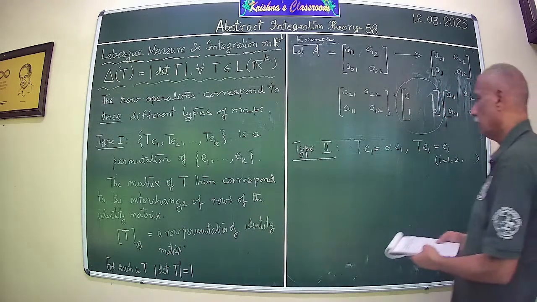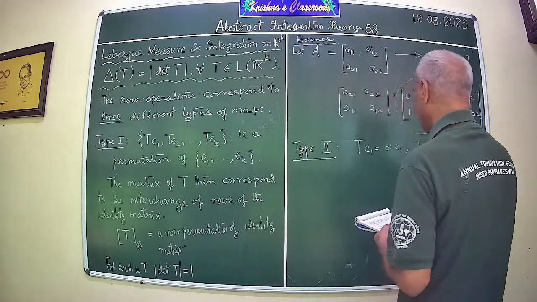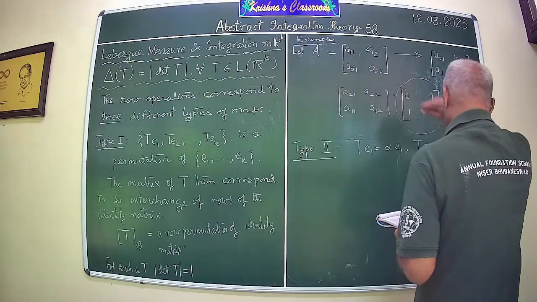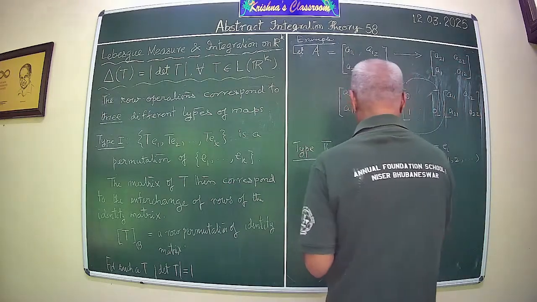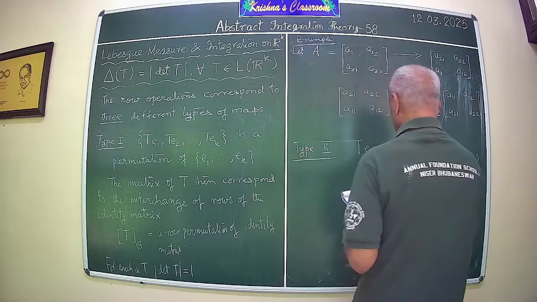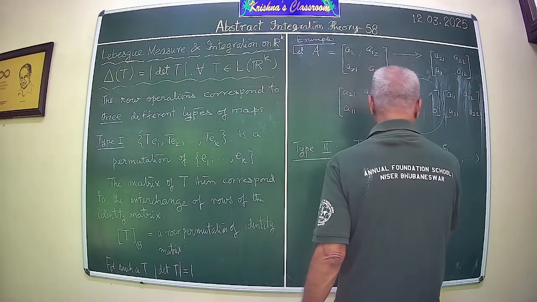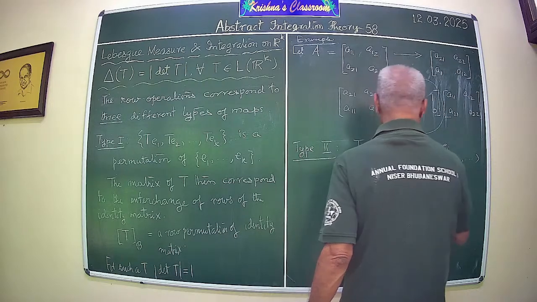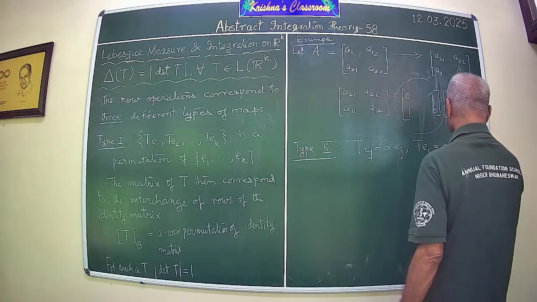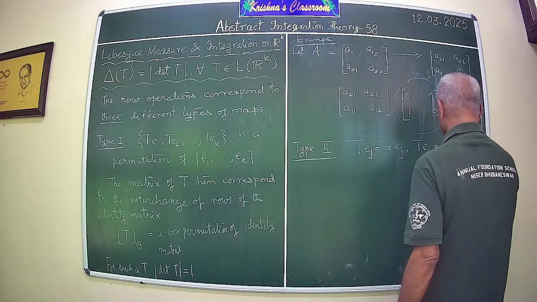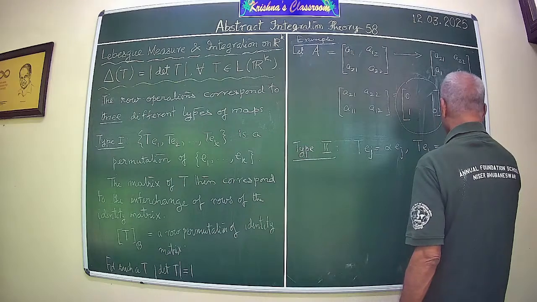Okay. Now you see that if this is multiplying, I'll write it this way, it is going to be multiplying the jth row by alpha, with i not equal to j.